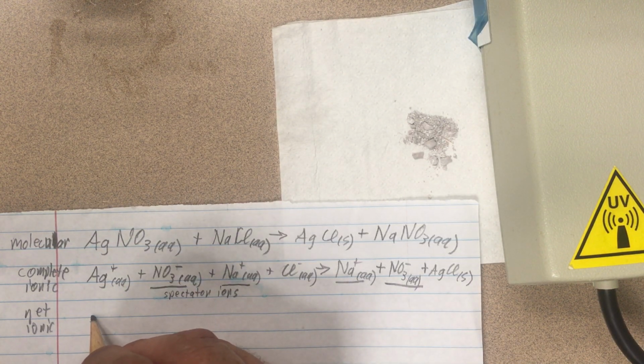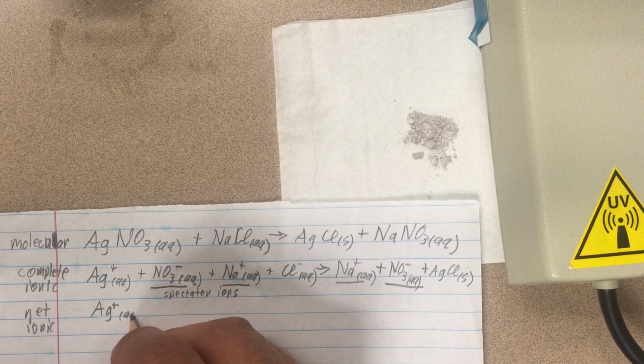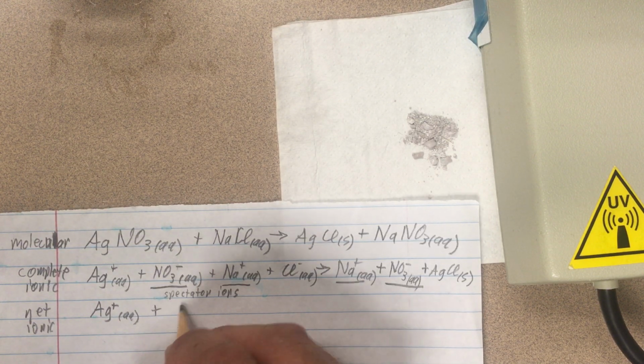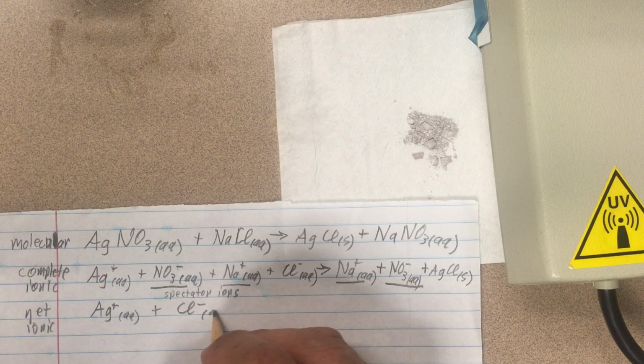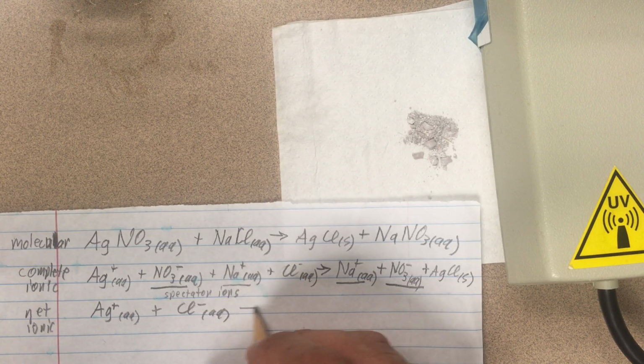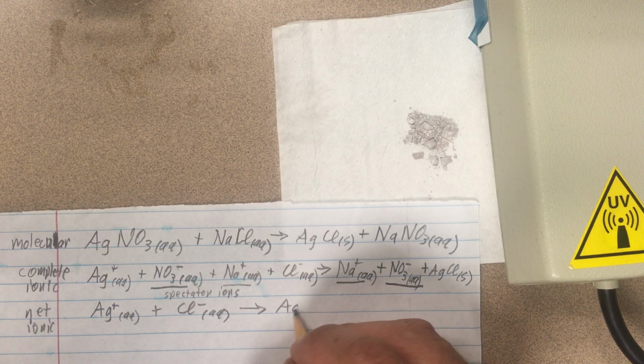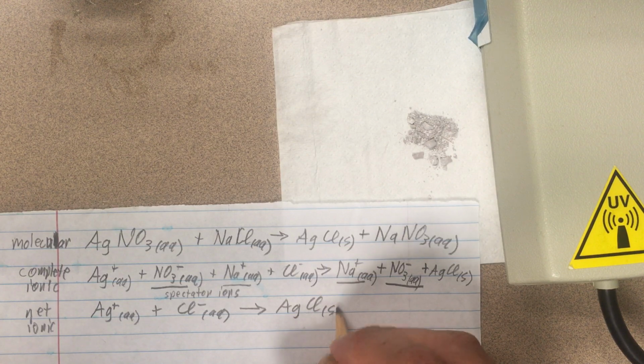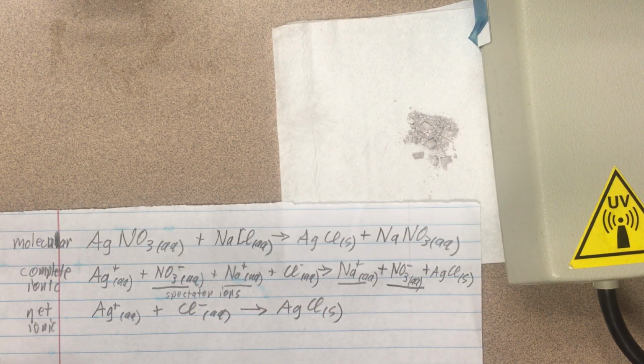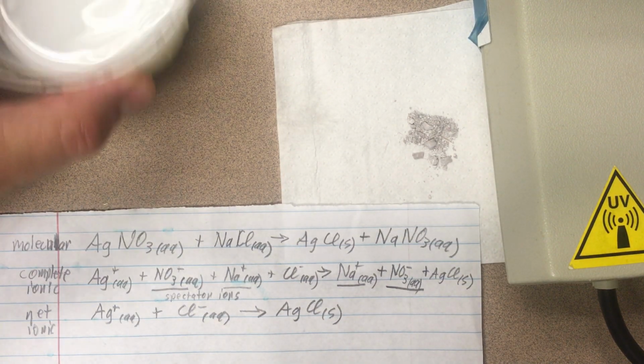And so for a net ionic equation, we have silver ions reacting with chloride ions to produce solid silver chloride. And again, that's that white precipitate.